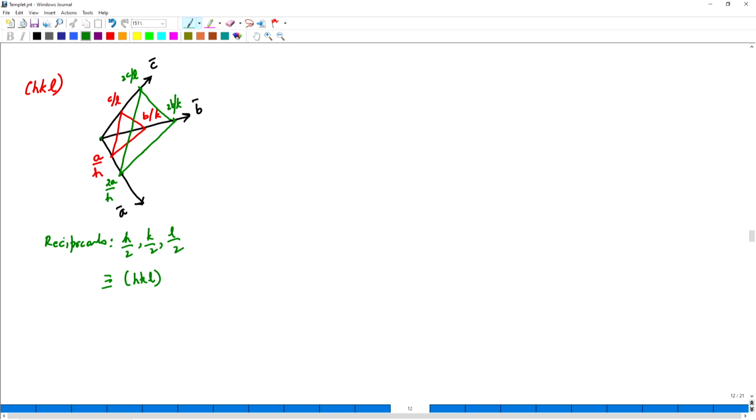Now, suppose I drop a perpendicular from the origin onto the planes. It will intersect the first plane somewhere here, the second plane somewhere here, and so on.